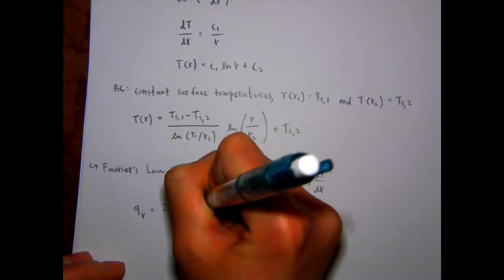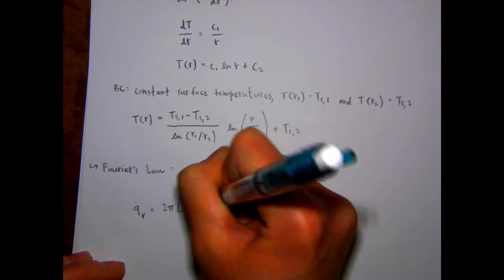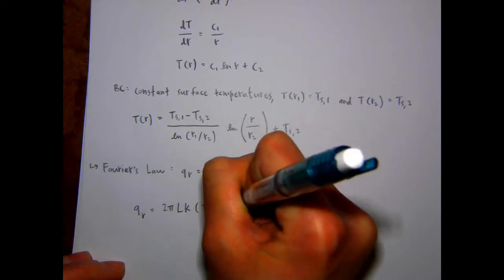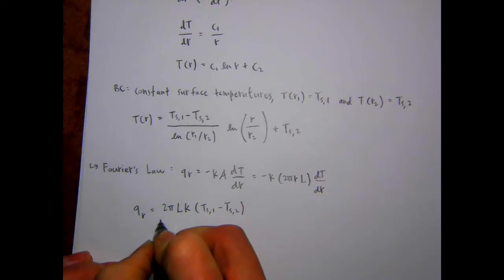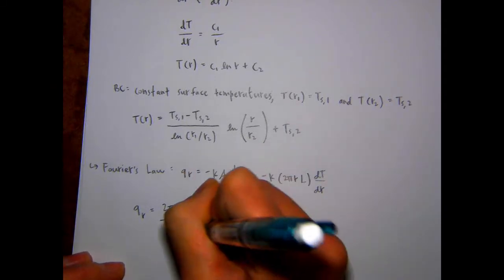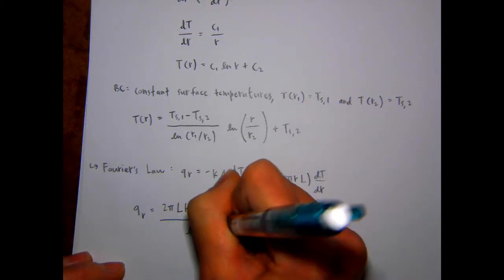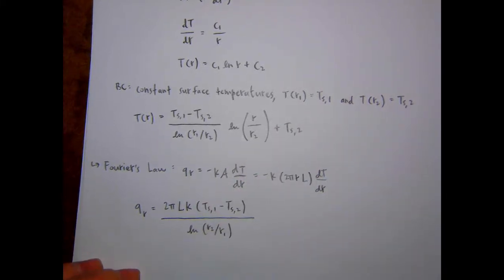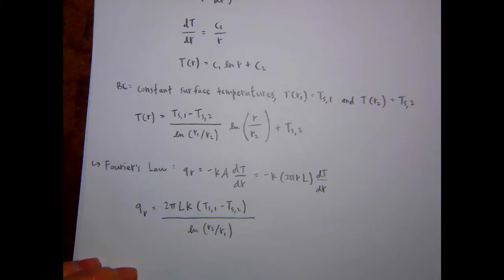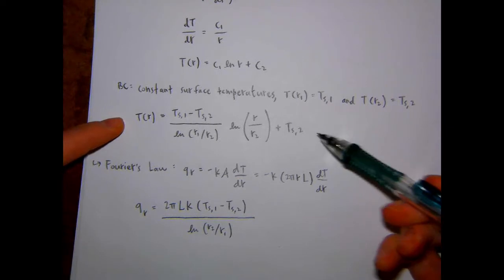It reduces to 2 pi L k (Ts1 minus Ts2) all over the natural log of R2 over R1. So again, temperature distribution, heat transfer rate.